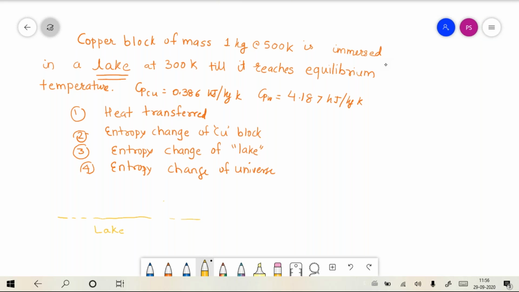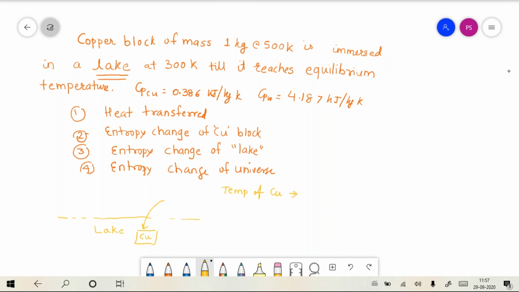Now, what will happen to the temperature of copper block? Answer this question. What will happen to the temperature of copper block?